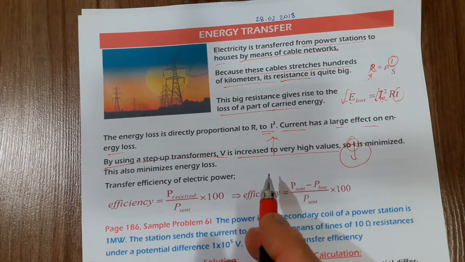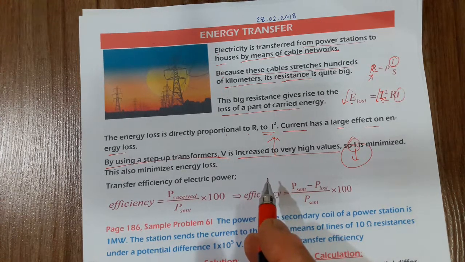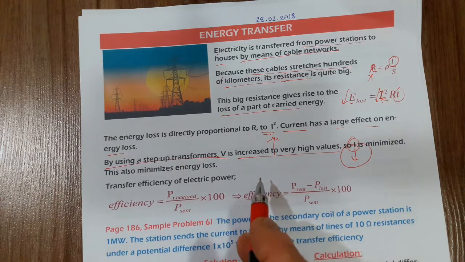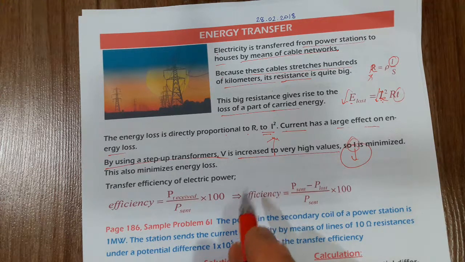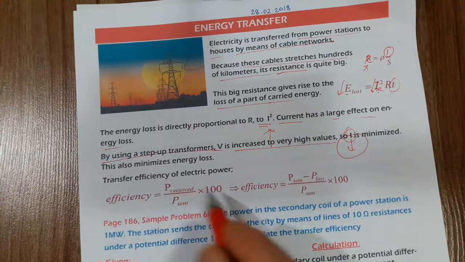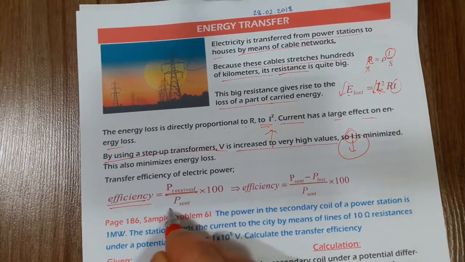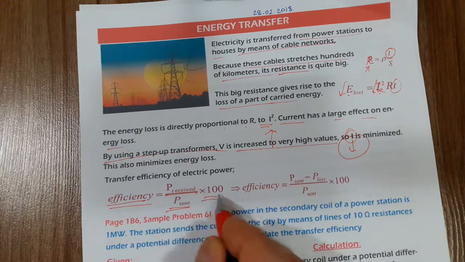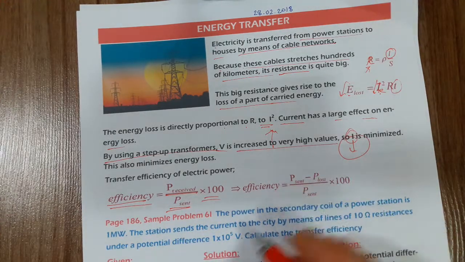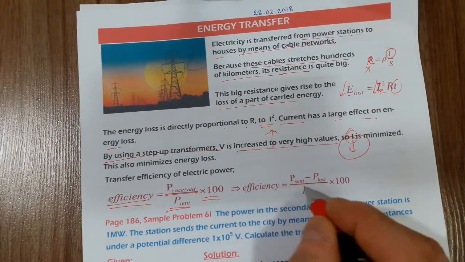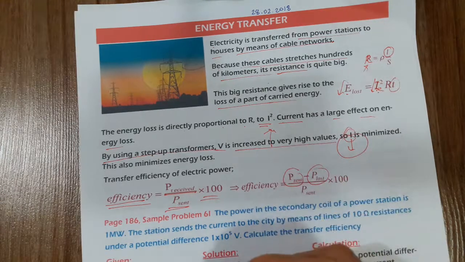Remember, if the potential difference is stepped up, the electric current will be stepped down. That's why we use step-up transformers right before we send the power from power plants to the cities. In this case, efficiency is power received divided by power sent, multiplied by 100.